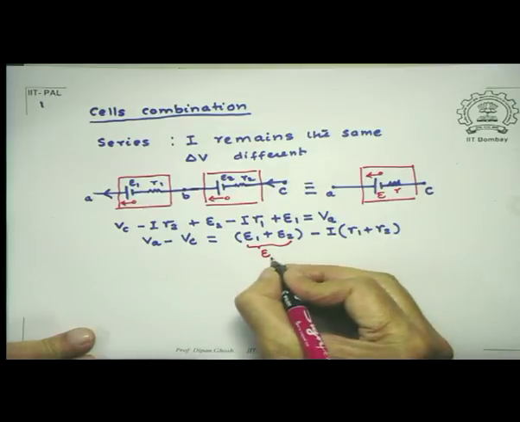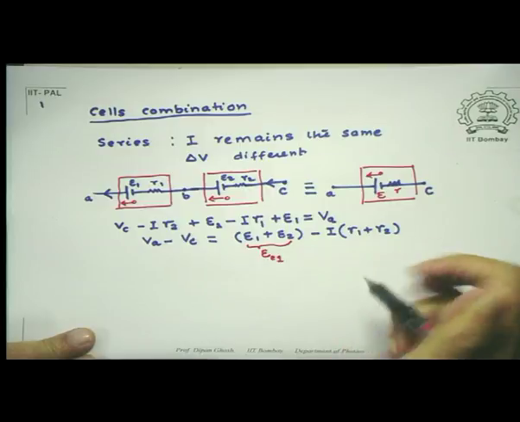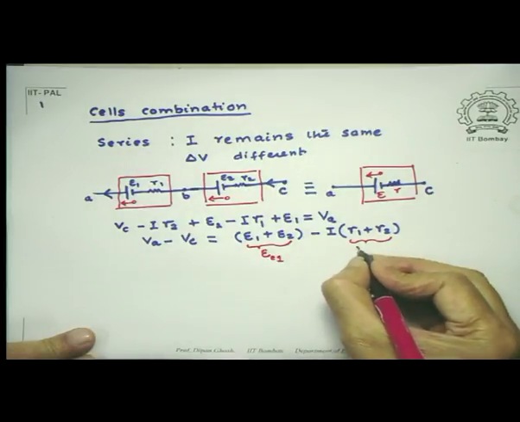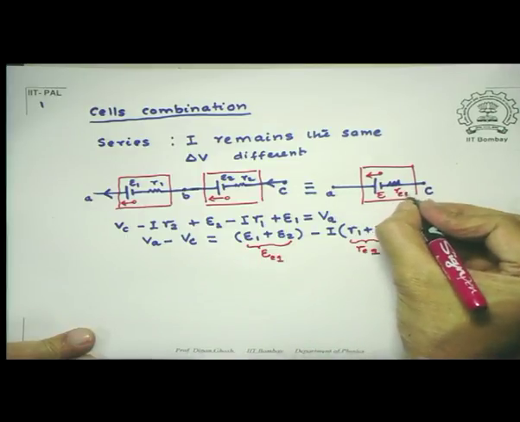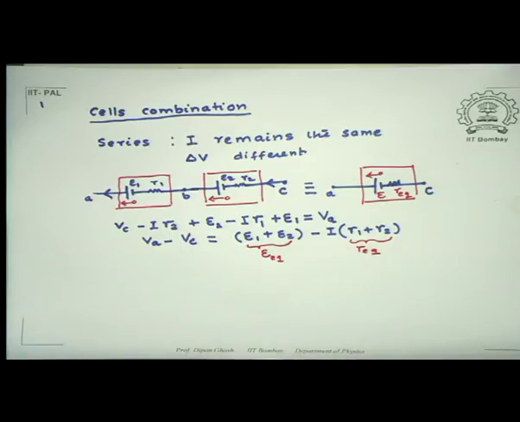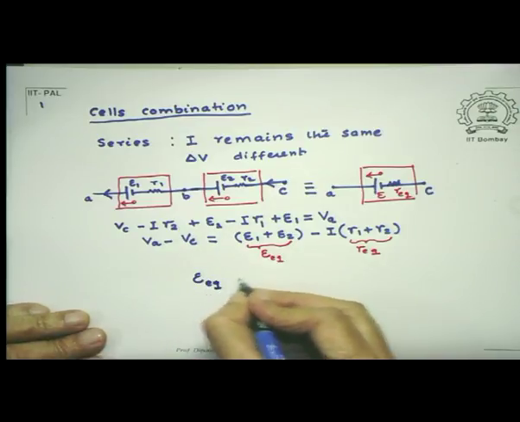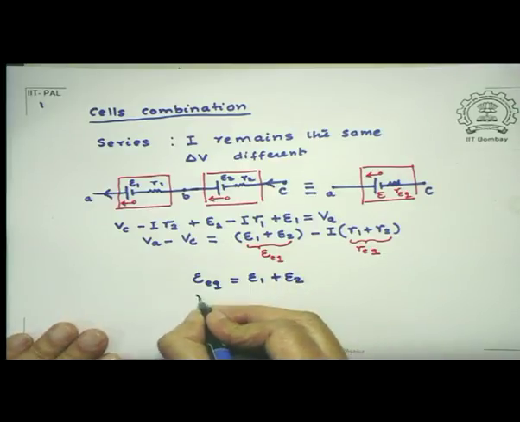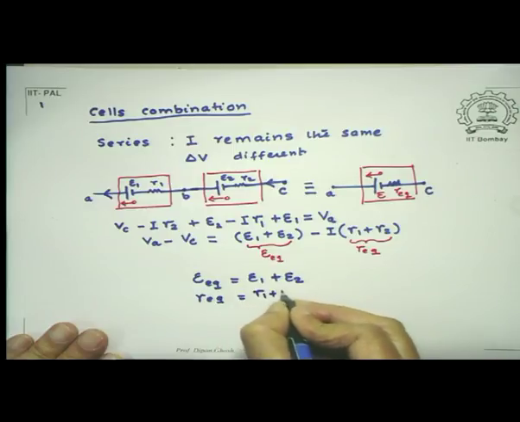So this is E equivalent, and the equivalent internal resistance is simply given by R1 plus R2. So that is Req. So this is what you substitute. So let's write down that Eeq is equal to E1 plus E2 and Req is equal to R1 plus R2.